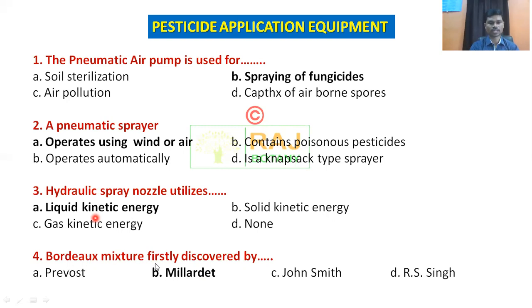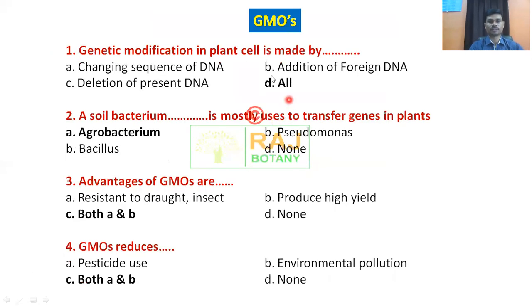Next, the Bordeaux mixture was first discovered by the scientist Millardet. His name is Millardet. Millardet discovered the Bordeaux mixture. Next one, GMO, genetically modified organisms.